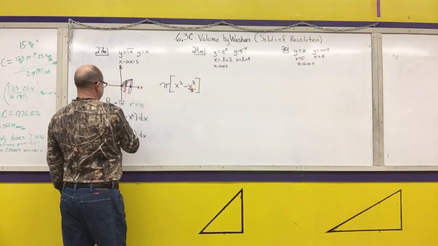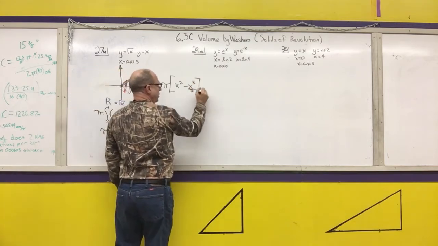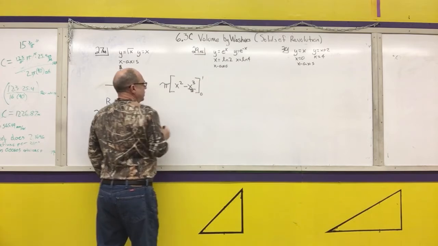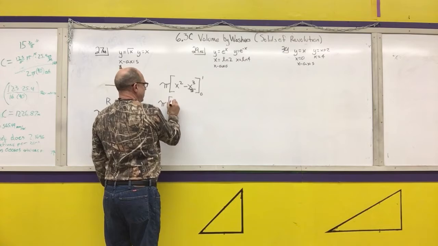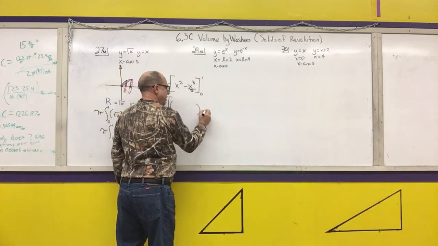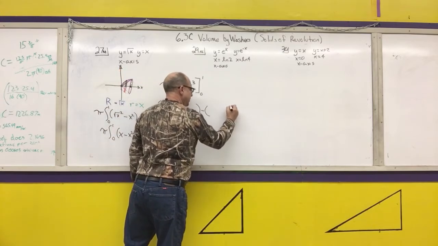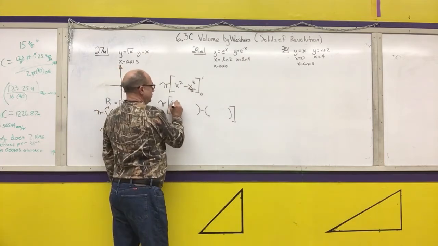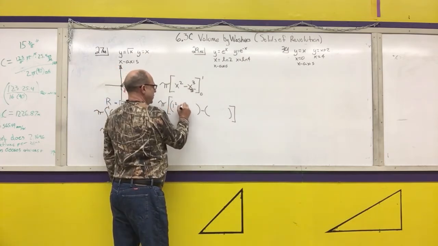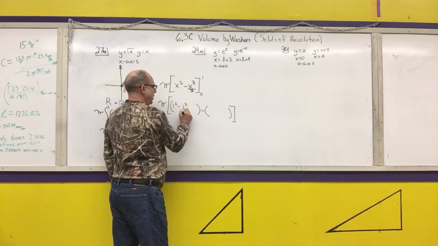I want to evaluate this between 0 and 1. So pi, again, comes along for the ride. Evaluate it at 1. Evaluate it at 0. Take the difference between the two. So I end up with 1 squared over 2 minus 1 cubed over 3.